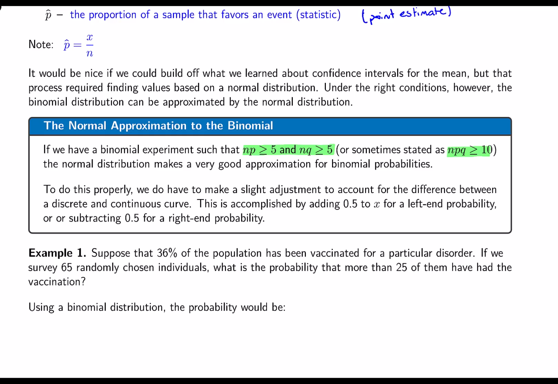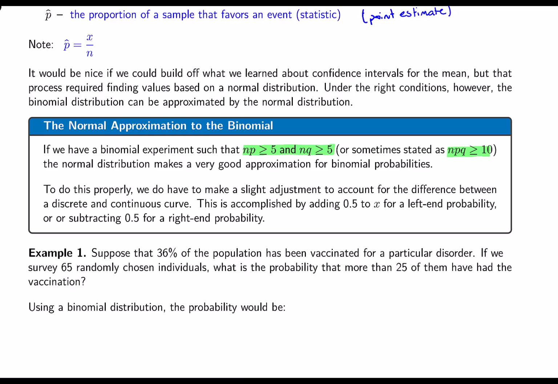I think the one I've seen most commonly in homework problems is n times p greater than 5, n times q greater than 5. Ultimately, these are just boundaries saying that if you meet these minimum requirements, then you should be able to estimate a binomial distribution pretty well with a normal distribution.